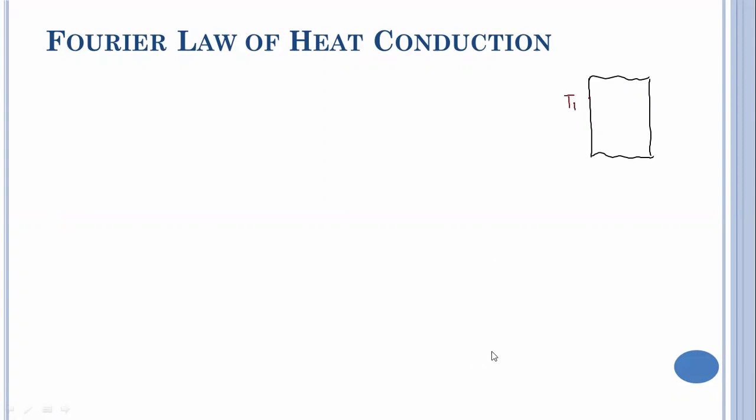Let's say the length, or thickness of the body, is dx, and the temperature at this end is T2. This is how heat is going to flow. This is the direction of Q, from higher temperature to lower temperature. So T1 is greater than T2.